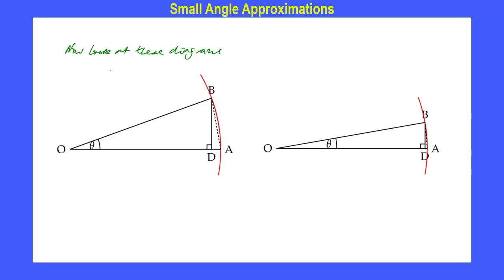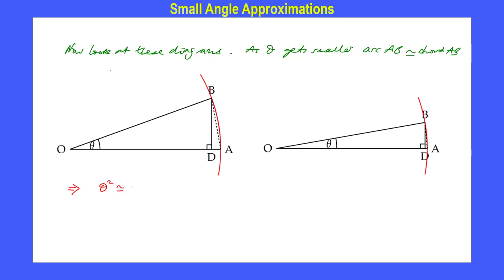Now look at the diagrams below. Notice that the arc length AB and the chord AB get closer and closer in size as the angle gets smaller. So we can say that the chord AB is approximately the same as the arc AB.